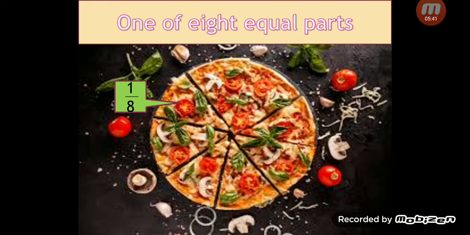How? I have divided the whole pizza into 8 equal parts, and for a fraction the total number of equal parts we write below the line, that is 8, and I will eat only one part out of 8 equal parts. So I will write this one above the line.